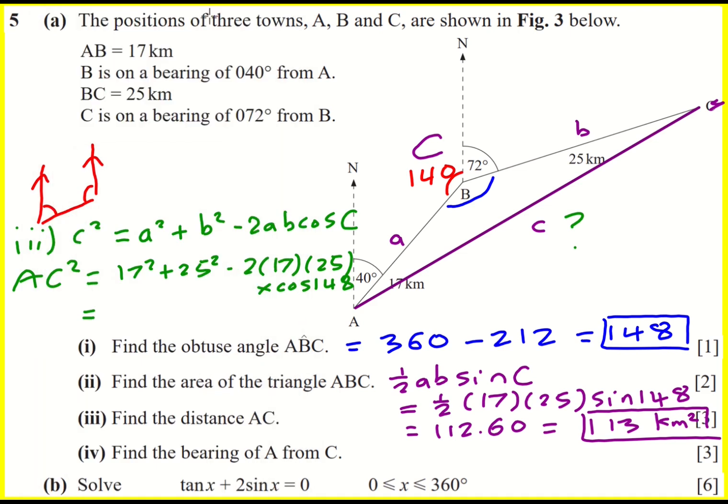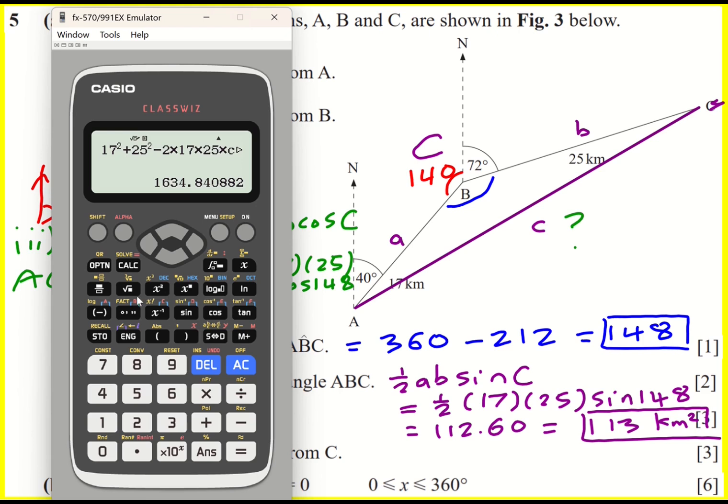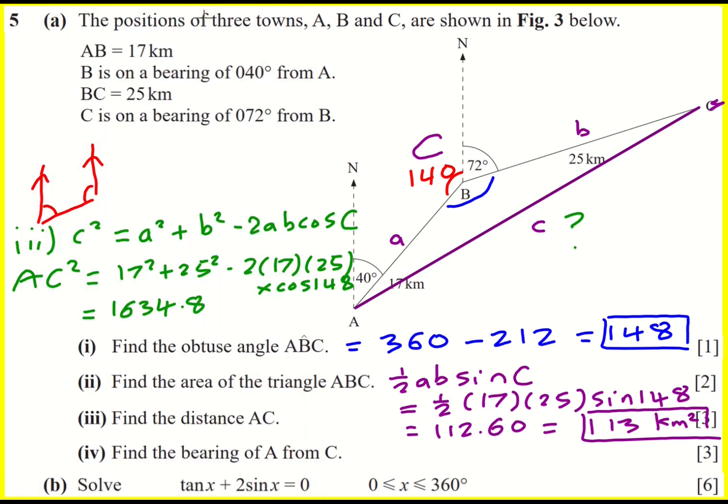So that gives 1634.8. And then I just need to square root it. So 40.43. 40.4 kilometers to three significant figures.